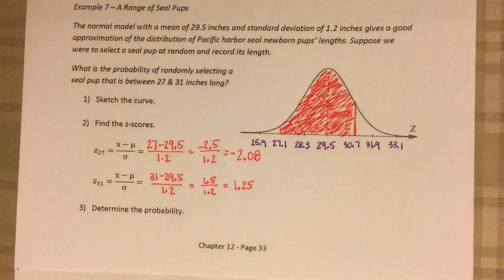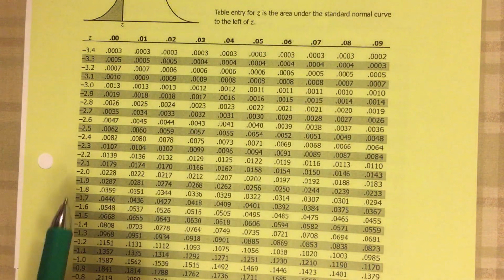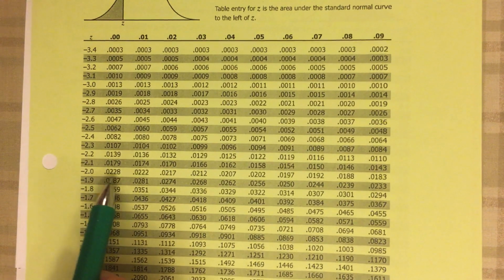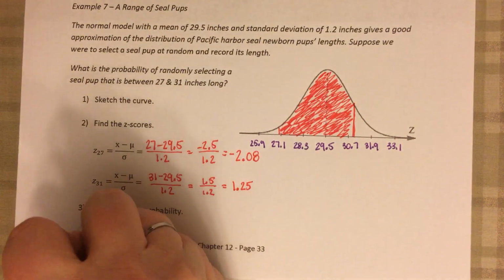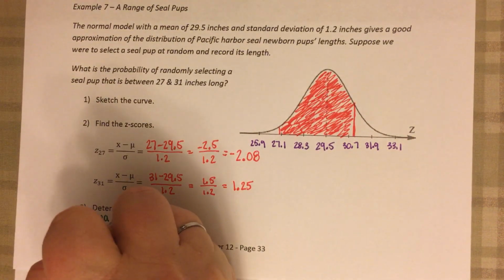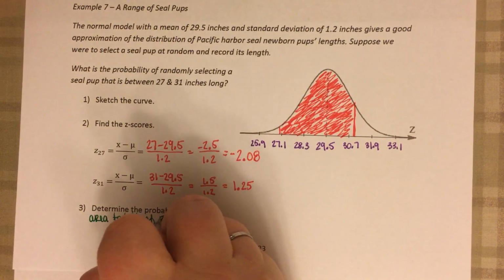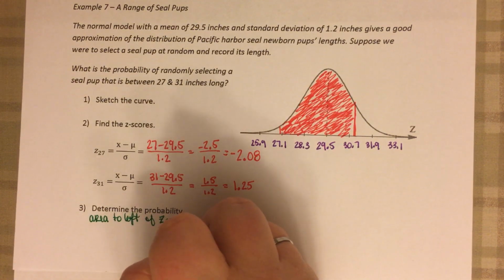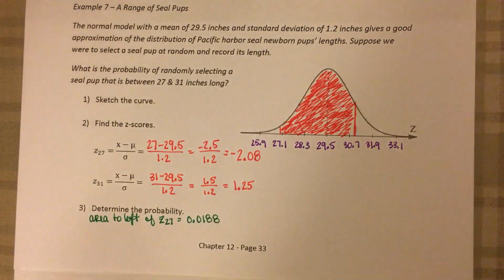Now we're going to use these values to look up our corresponding probabilities in our table. Our z-score for 27 is negative 2.08. So we see negative 2.0, and we're going to go over until the heading of 8. So we're going to get 0.0188. So our area to the left of Z27 is 0.0188, a value we just found from our table.